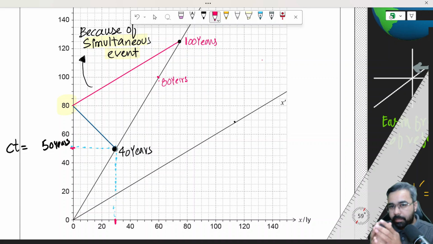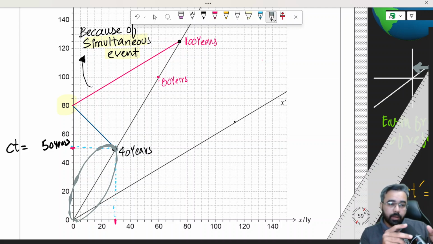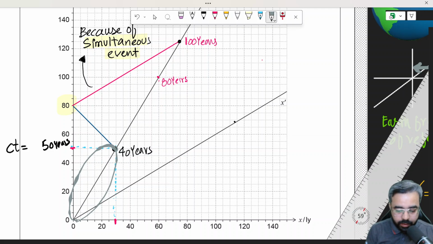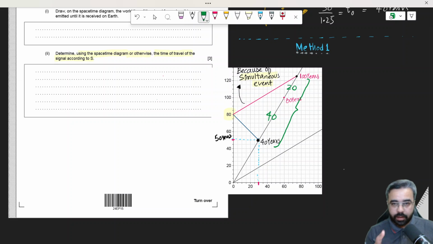But how much time did the signal take? Don't you think we should subtract this time, 40 years? Because we are just calculating the travel time of the signal. You have to exclude the time when the spaceship, according to itself, reached the planet. So that's why, my dear students, what you see is 40 plus 20, that's 60 years.